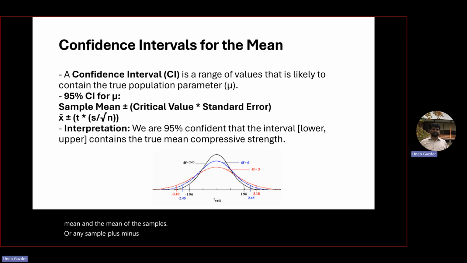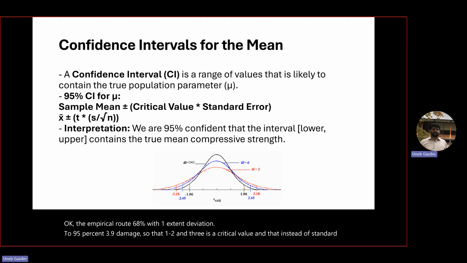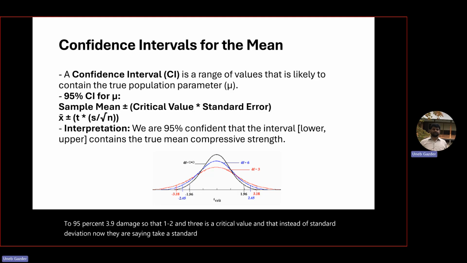The critical value is what the central limit theorem gives you for this percentage. The empirical rule gives 68% with 1 standard deviation, 95% with 2, and 99.7% with 3. So that 1, 2, and 3 is a critical value. And then instead of standard deviation, now they say to take the standard error, which equals this much.